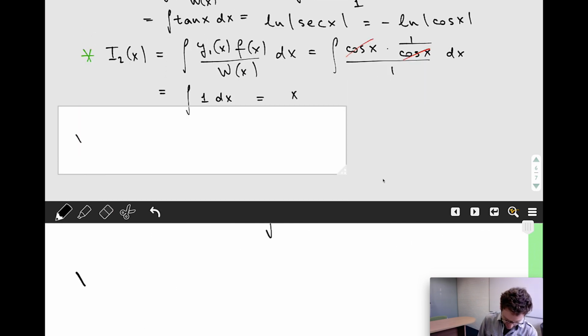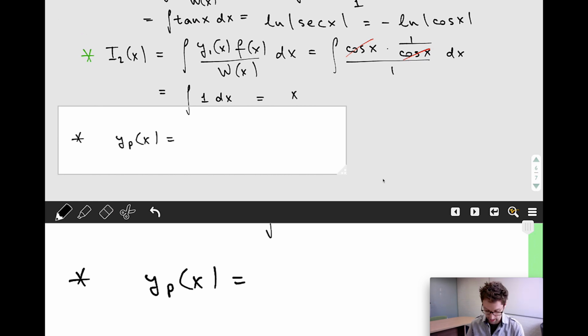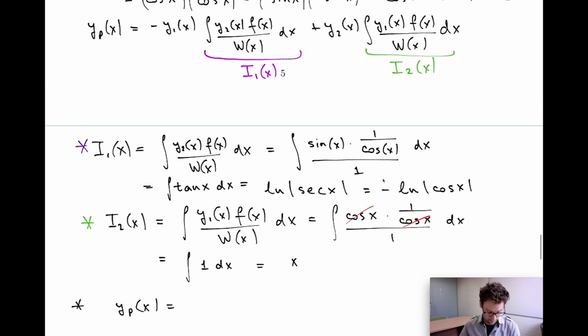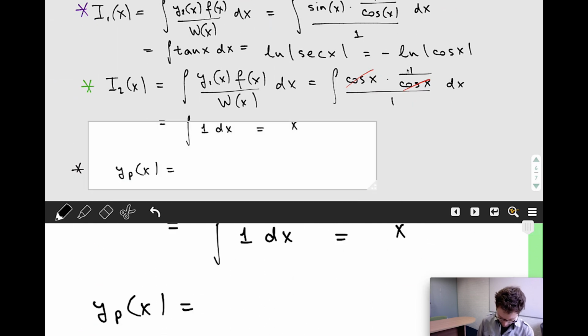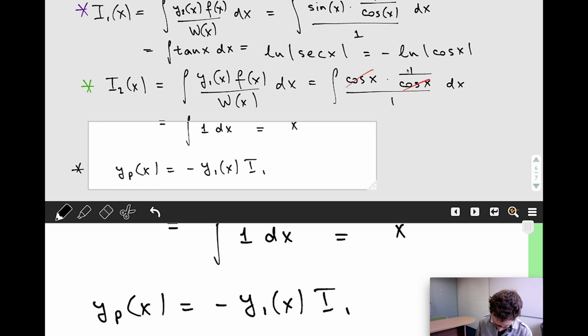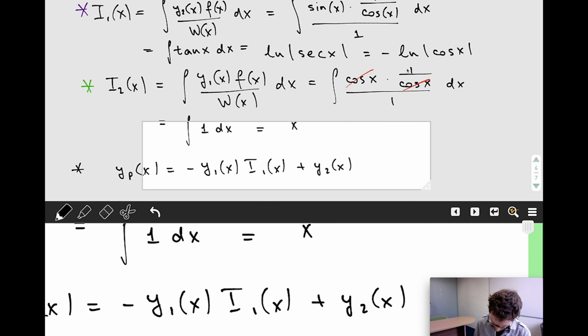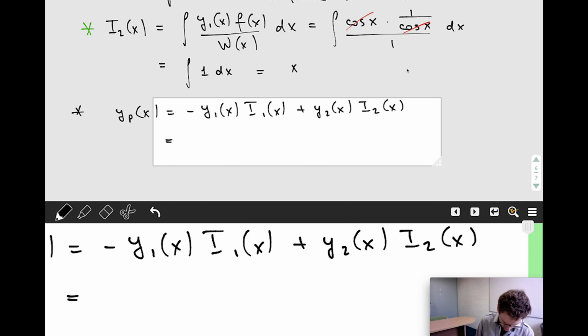So now let's put all that back together again. I've got the particular solution is going to be equal to, if I look back at my formula, minus y1 times I1 plus y2 times I2. So we've got to get that minus sign in there. We got minus y1 times I1 plus y2 times I2. y1 was cosine.